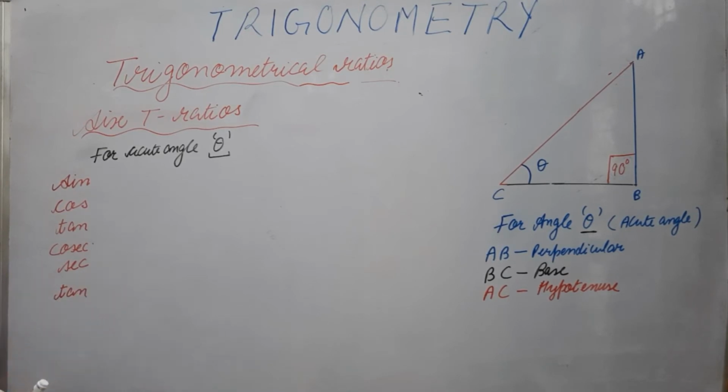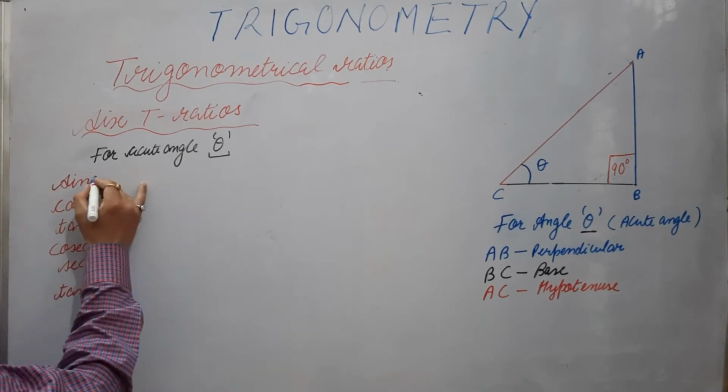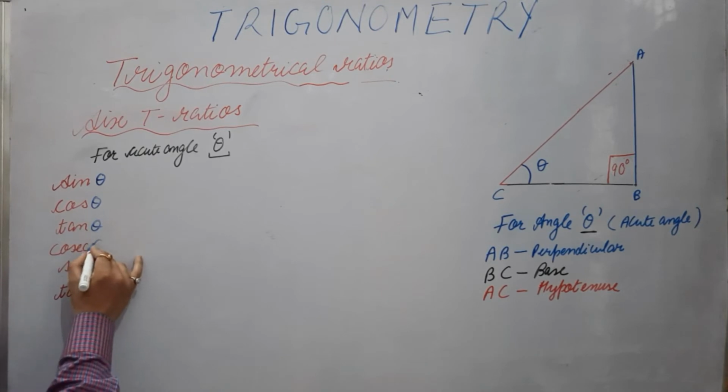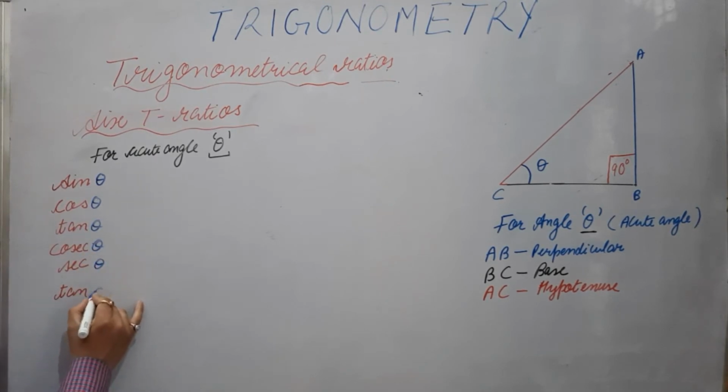Right. So this sine is defined for angle theta, this is also angle theta, this is for angle theta, and this theta. Right. These all are defined for angle theta.